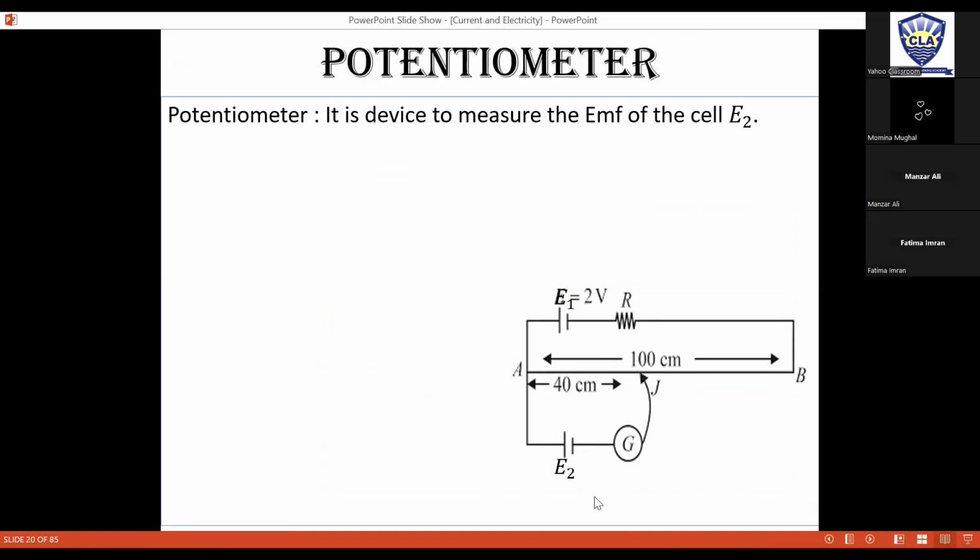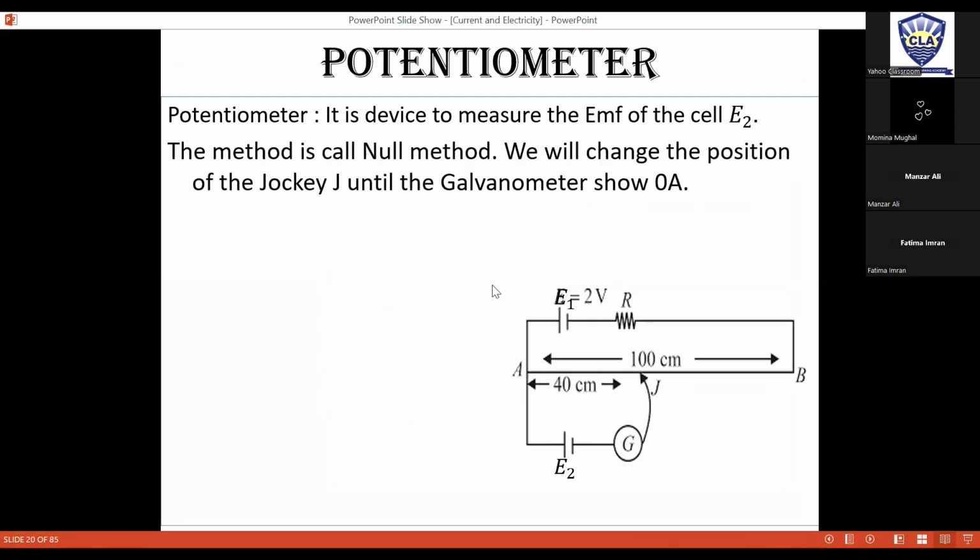We have E1, we have E2, and we want to find out the EMF of this E2. This is called a null method. Basically, if AJ has the same voltage as E2, the galvanometer will show no current. The logic is the same: if the potential difference is zero, the current is also zero.